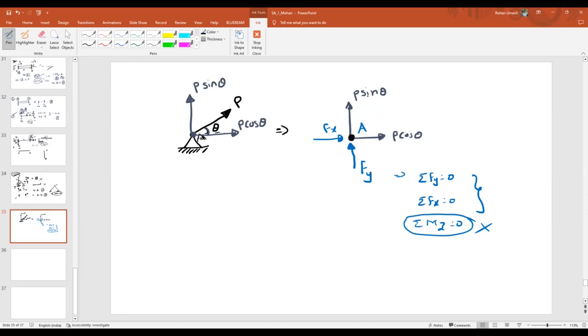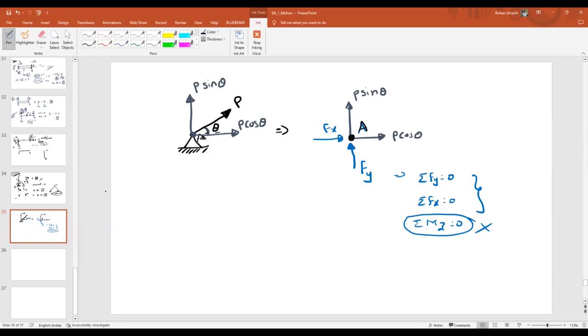Fx, Fy, P sin theta and P cos theta, all these forces are transferring through point A. Because of this, do you think any moment will generate at point A? Moment is nothing but a force times perpendicular distance, right? As all these four forces act at point A, there is no distance, so no moment will develop.